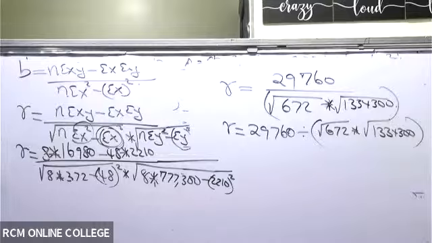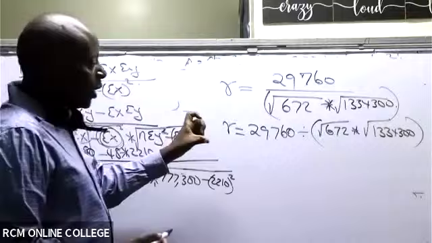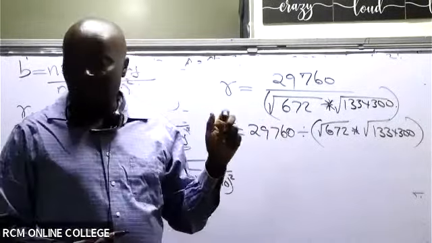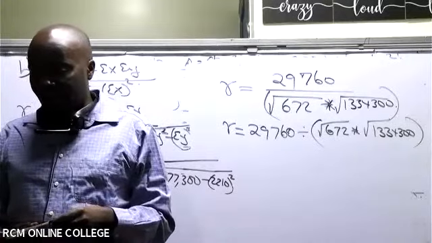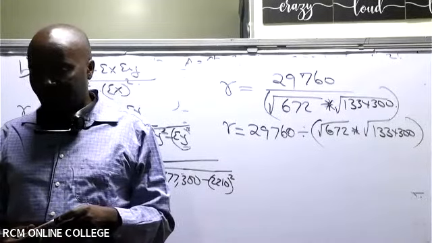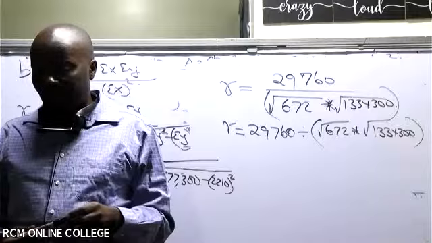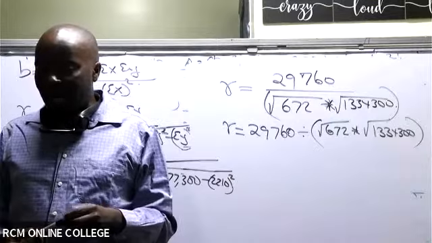I want you to do it with one stroke, but remember to put the denominator terms into their brackets. What are we getting, ladies and gentlemen, here as our R?